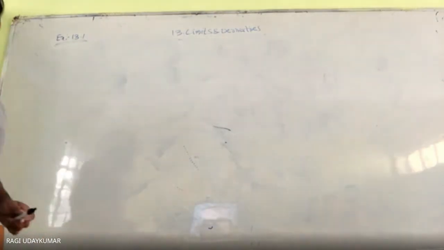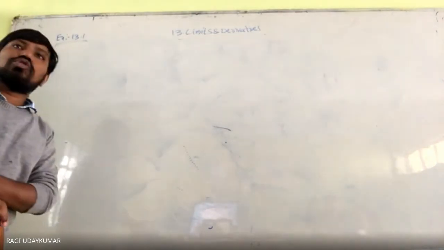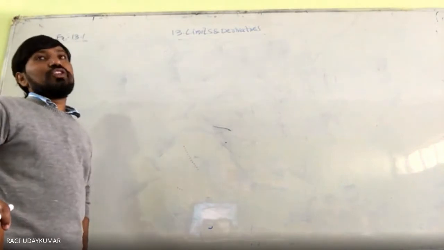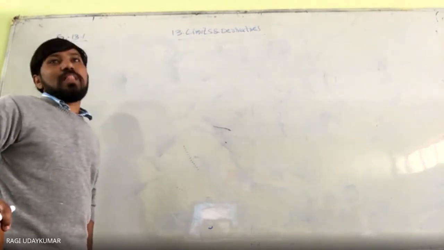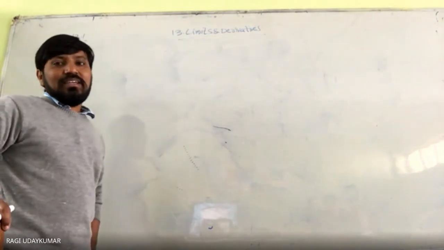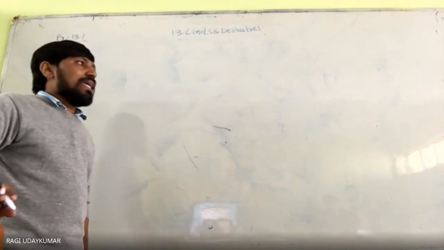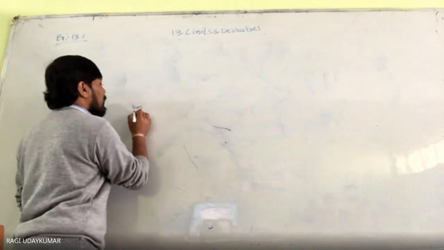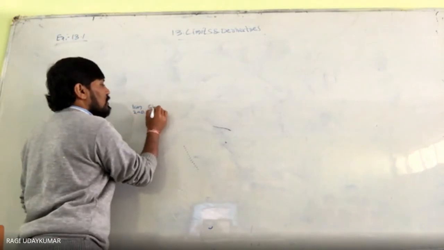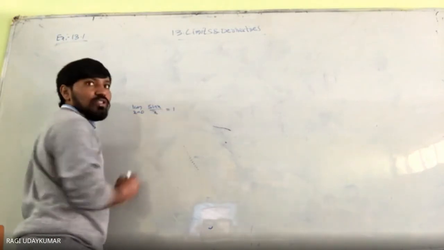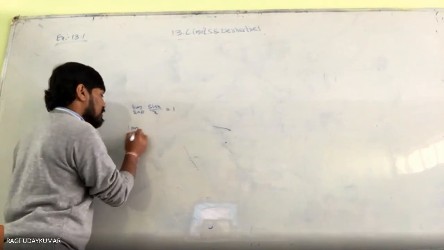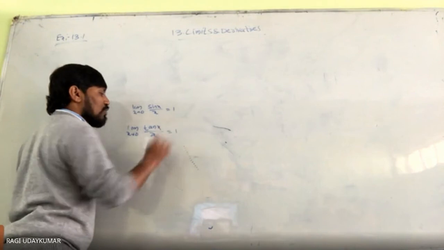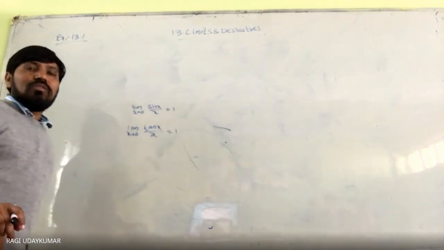Can you do it? Limit x tends to 0, sin x by x is equal to 1. Limit x tends to 0, tan x by x is also equal to 1. How?